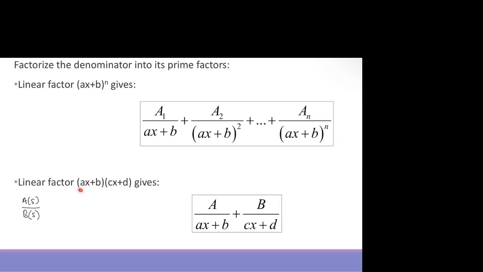Because we have linear factors, the numerator must have a power one less, so it is a constant: A over (ax + b) for the first factor, plus another constant B over (cx + d).